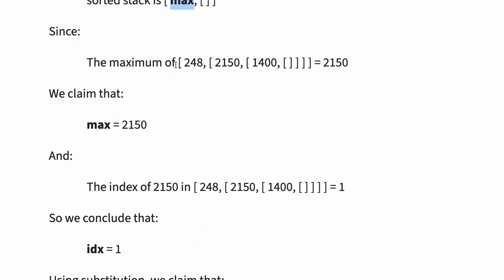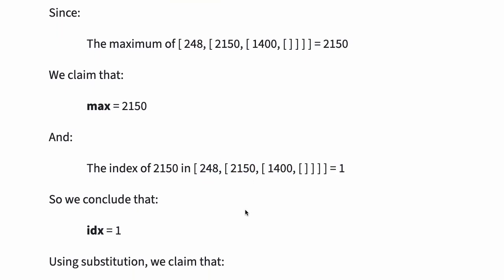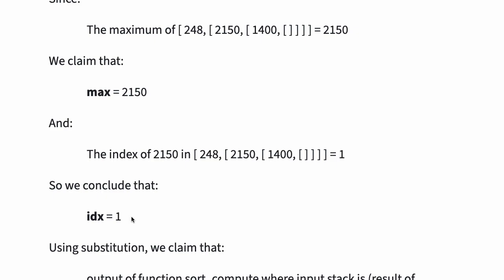Since the maximum of the stack 248, 2150, and 1400 is equal to 2150, we claim that max is equal to 2150. And the index of 2150 in the stack is 1. So we conclude that IDX is equal to 1.